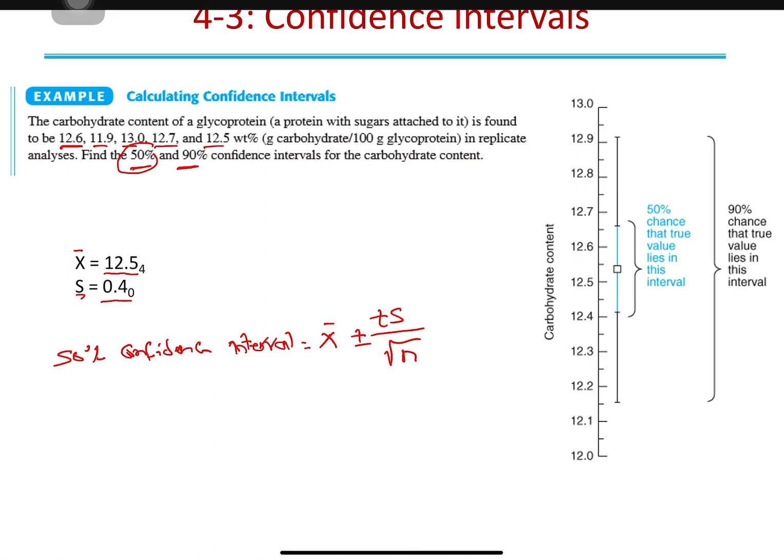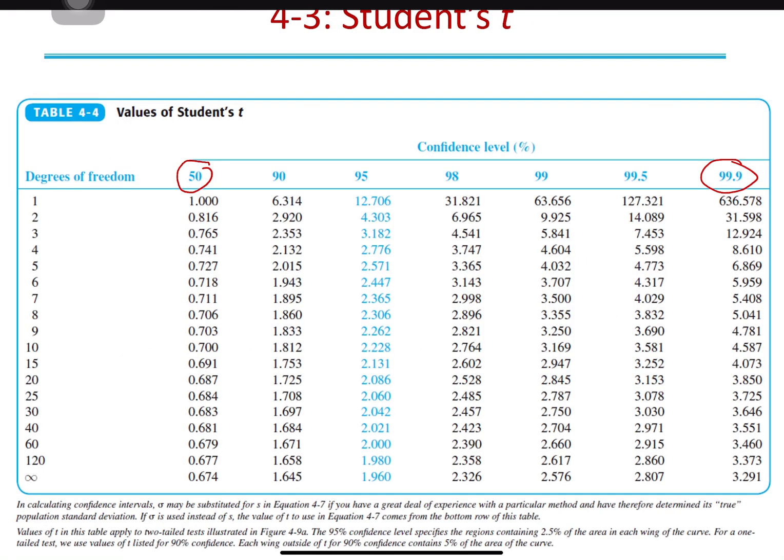We said that we have 5 measurements, so n here equals 5. And remember, the degree of freedom equals n minus 1, so it's 4. Let's have a look at the table. Now we need to look at the 50% to find the t value: a degree of freedom of 4 and 50% confidence.